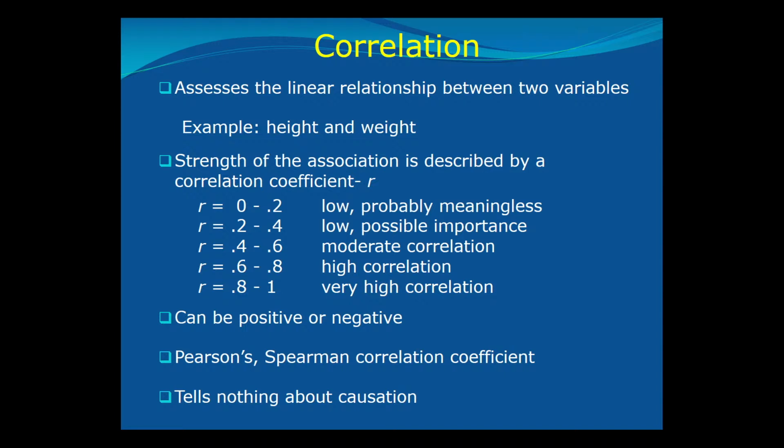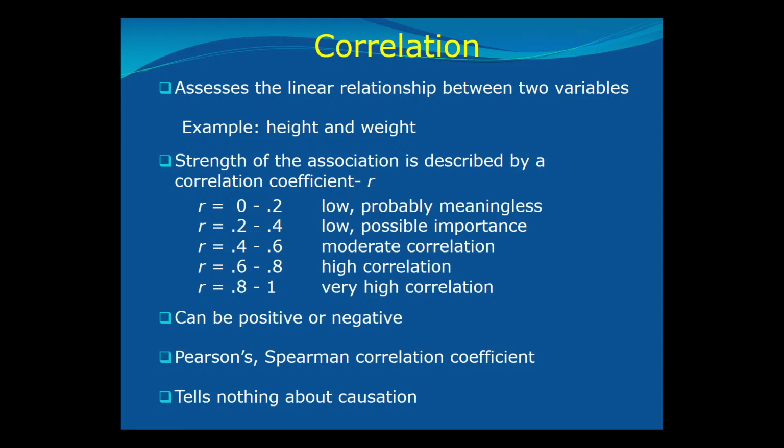If R ranges from 0 to 0.2, we conclude there is a lack of association, a lack of relationship between the variables we are interested in. If it varies from 0.2 to 0.4, it is a low, possibly important association.